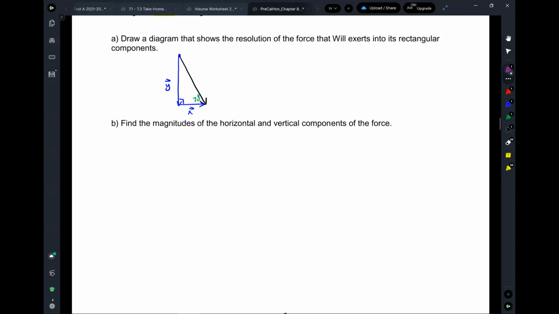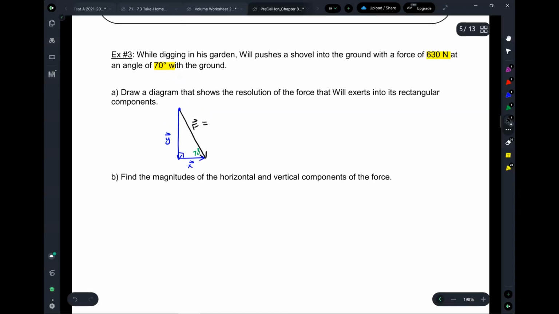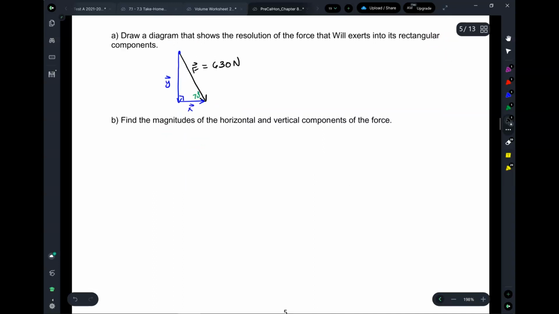There. Is it sine? Well, look at this. This is supposed to represent the force. We're going to call it vector F. And how much force does he exert? 630 newtons. So now, look at the x component there. Adjacent over hypotenuse. That sounds like cosine.